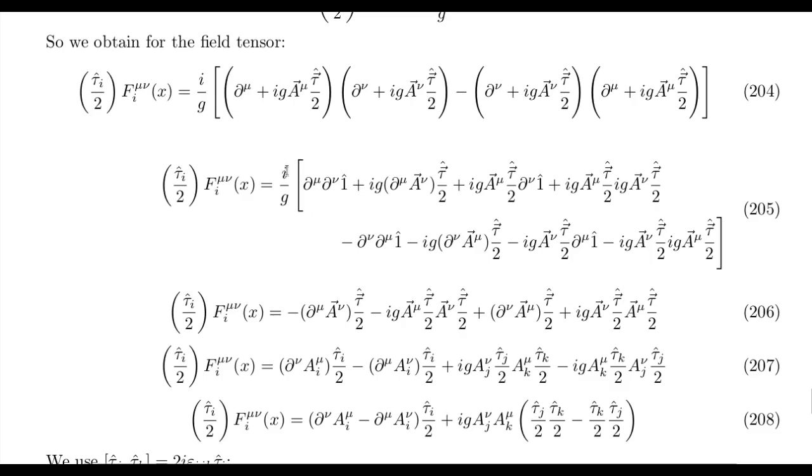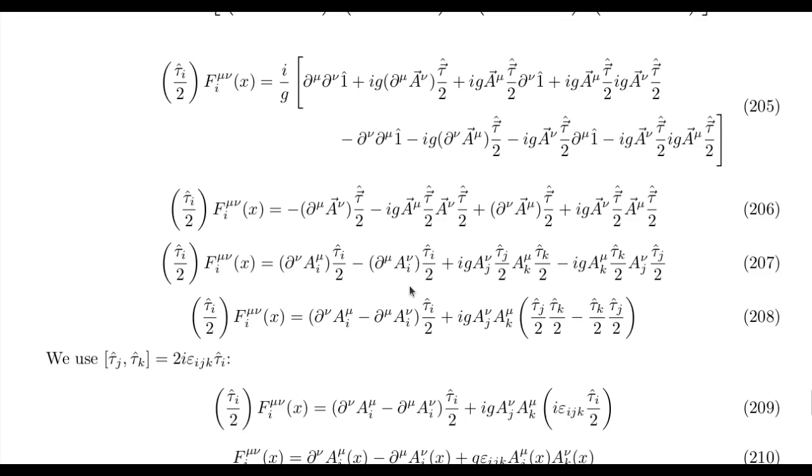We have multiplied i and g to every addend here. Okay, I think I needn't explain that. i and i here is a minus, and g divided by g is 1. So we have here minus this term, for example, here, and so on.